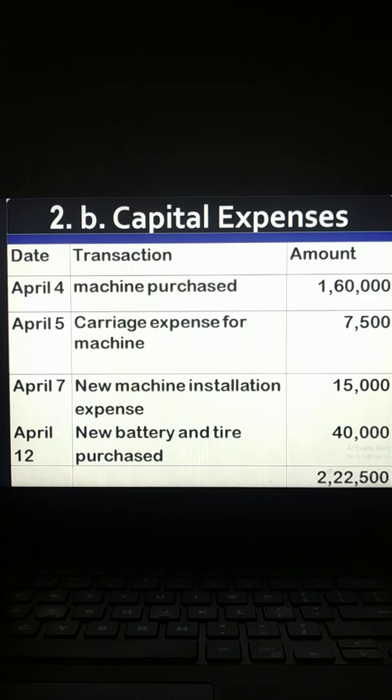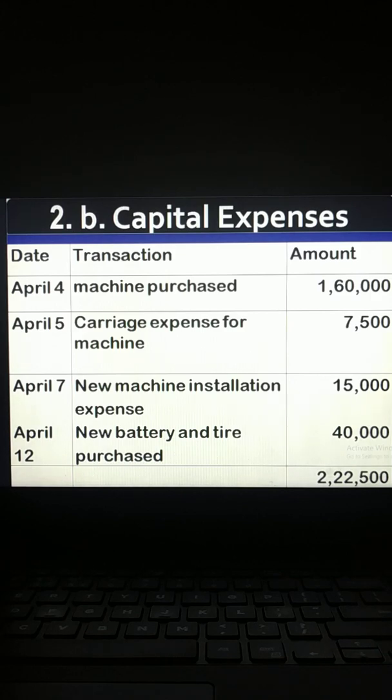Then carriage expenses on the machine. Dear student, this is very important. You may make a mistake here, because carriage is normally a revenue expense. But when it is incurred for any asset, it is a capital expense. So keep it in mind. Then new machine installation expenses.